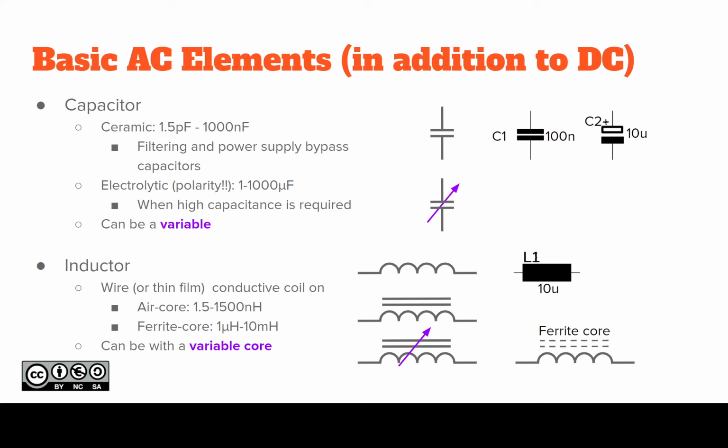Depending on the electric properties of the insulator, the capacitance can be controlled. Inductor, it's just a coil, and by adjusting the material of the core, you can change the value, or just wind more wire.